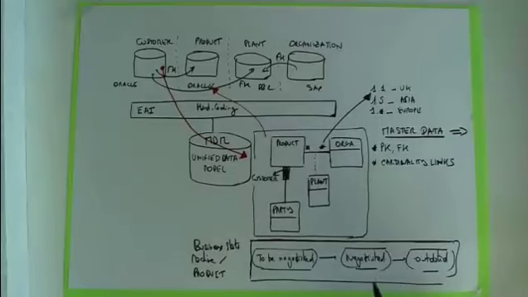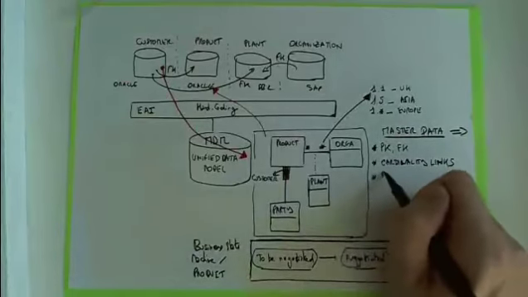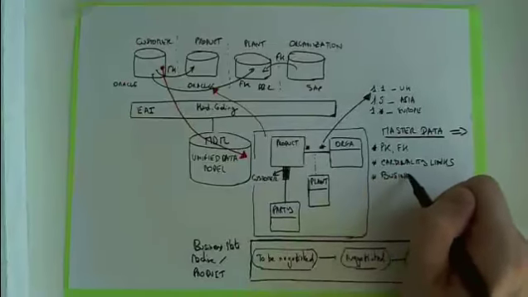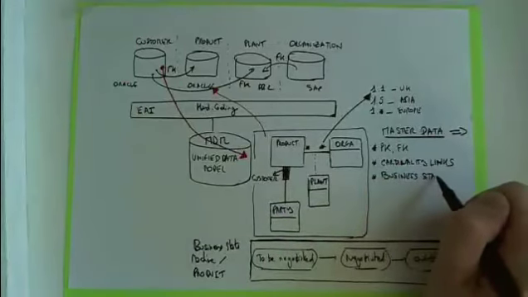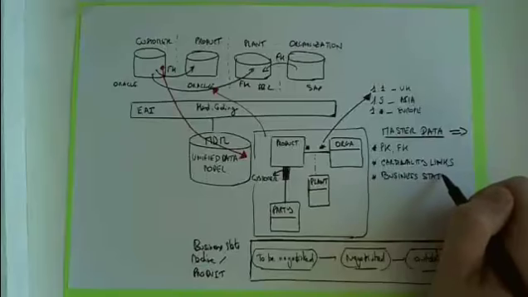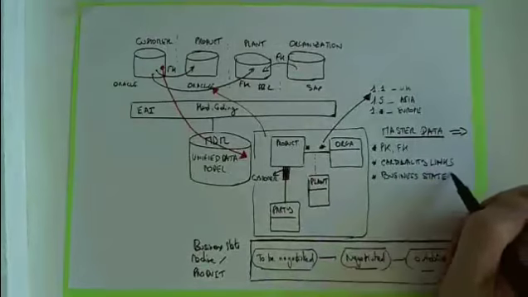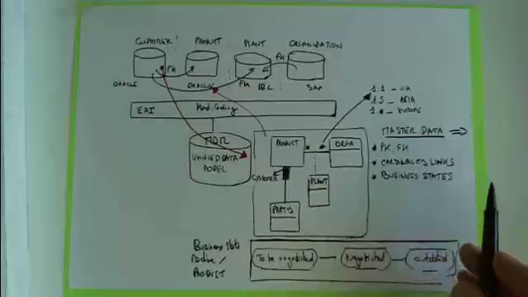Perhaps updating the product labels is not permitted if the business state value is negotiated. So we can say that business states of every business object are also master data.